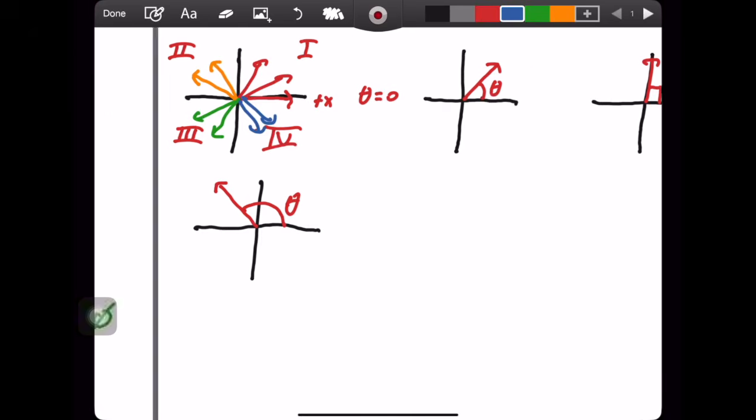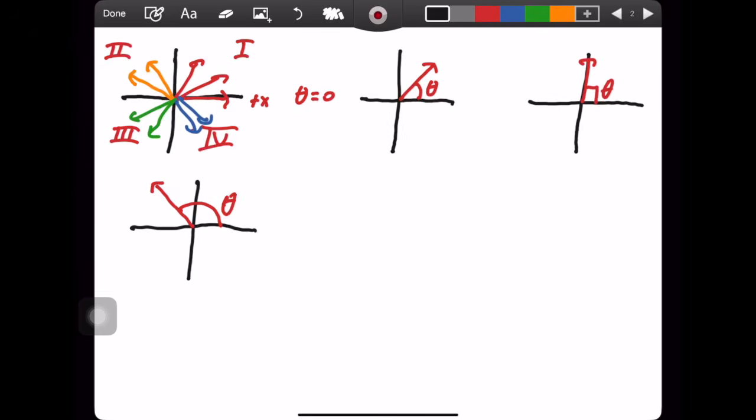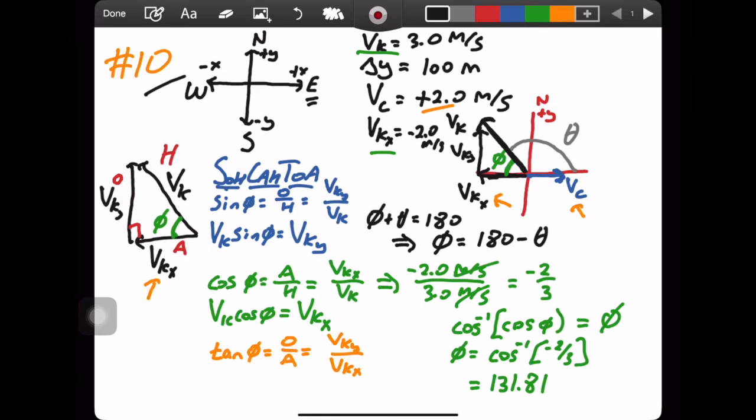Now go back to our problem here. We have essentially, and I'll highlight again, this vector of the kayaker's direction, that is in quadrant, if you look here, that's in quadrant number 2. And so in quadrant number 2, you can see that the y component goes up, so that's positive, but the x component goes to the left.